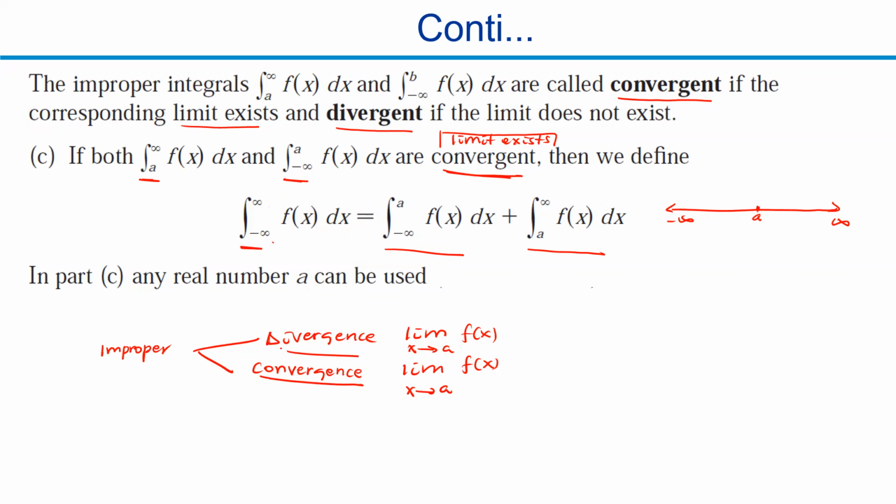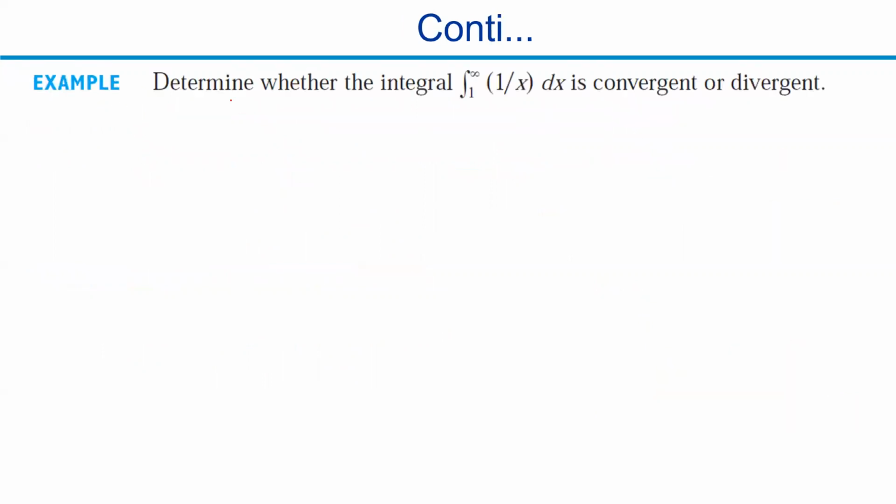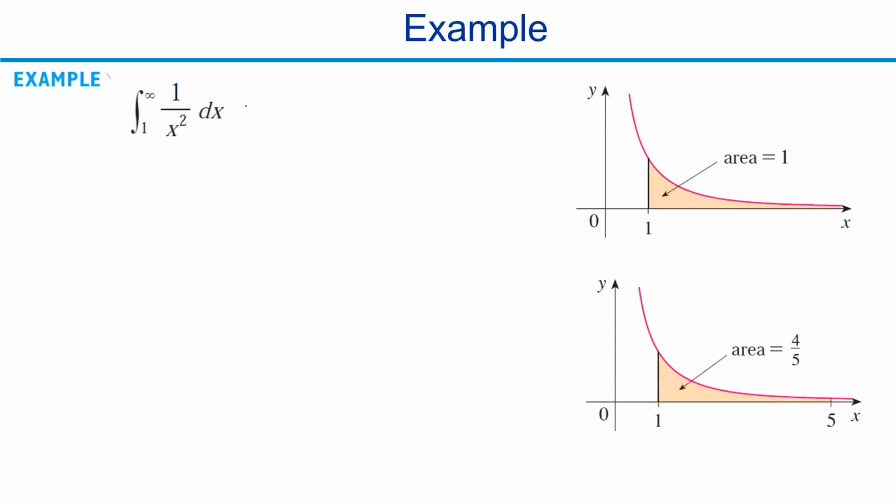Okay, let's see some examples on improper integrals. Suppose you need to solve this improper integral: the integral from 1 up to infinity of 1 over x squared dx. How are you going to find it? First of all, you have to understand that this is improper because we have an infinite interval.